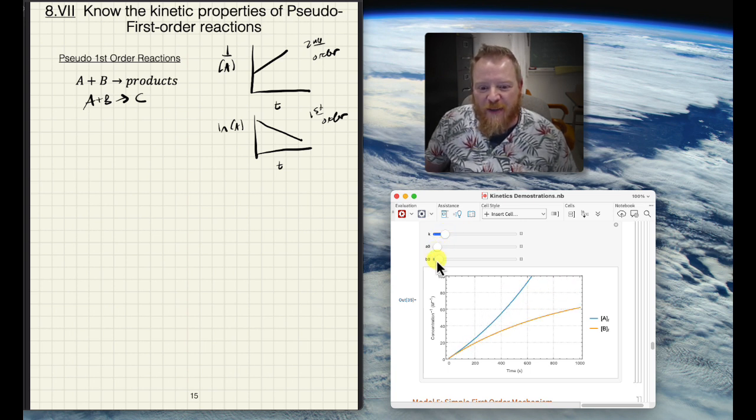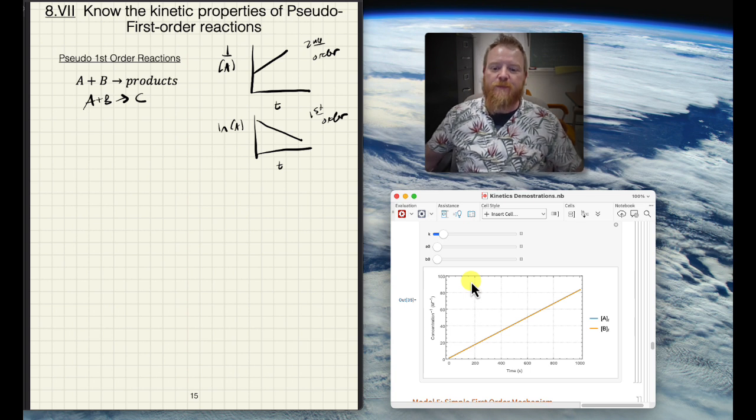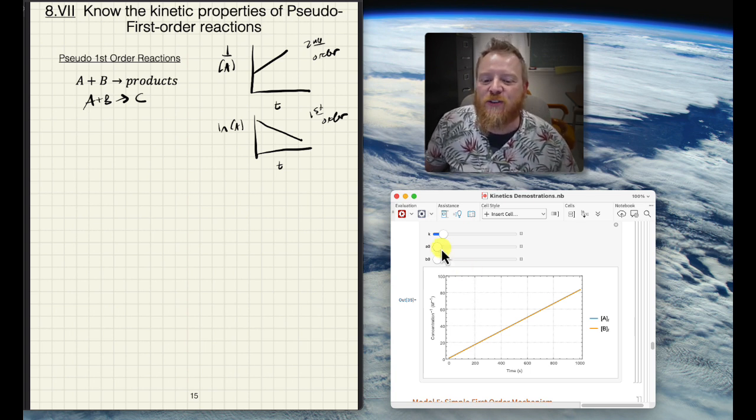And if in fact I make them identical to each other, it follows that straight line perfectly. However, when I see these start to deviate from each other, like if I make one much bigger than the other, or even only a little bit bigger, you can see that it no longer follows that test to be a straight line.